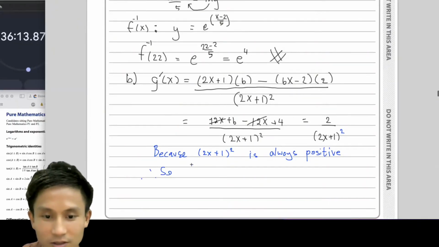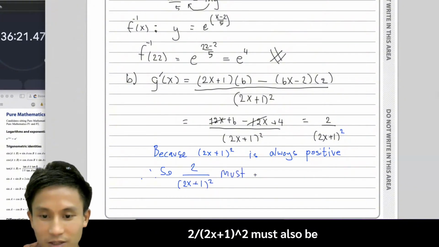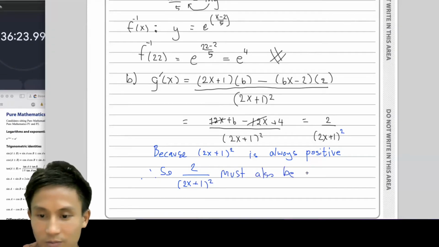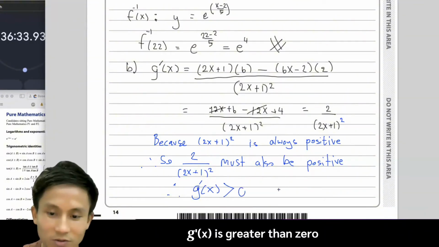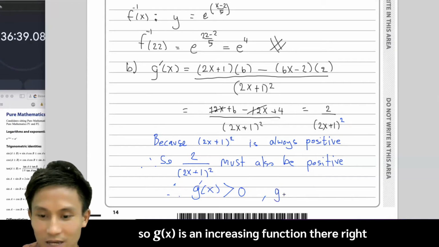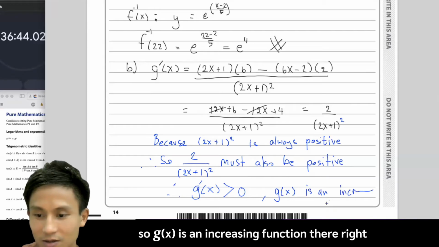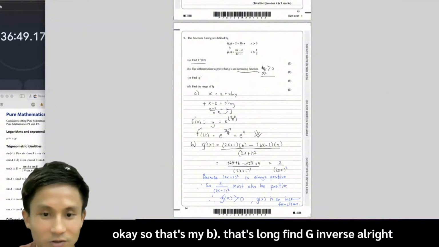So 2 over 2x plus 1 must also be positive. Therefore, g dash x is greater than 0, increasing function. So gx is an increasing function. There, right? Okay, so that's my B.